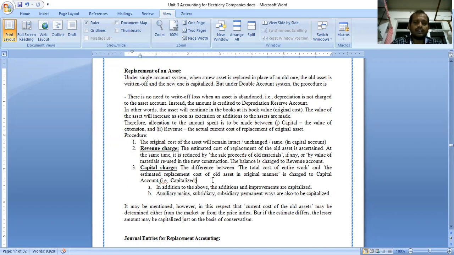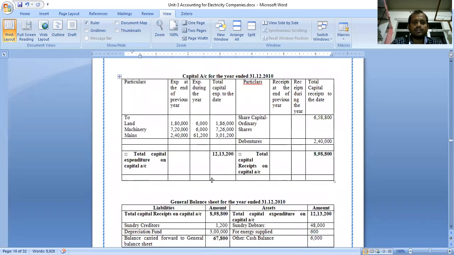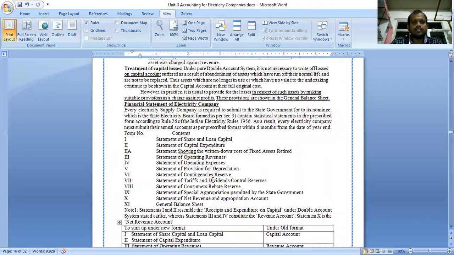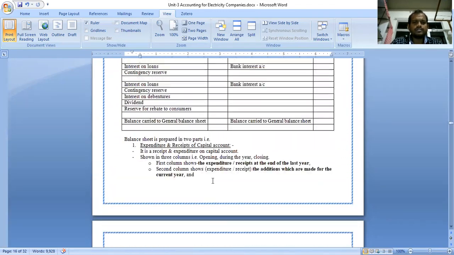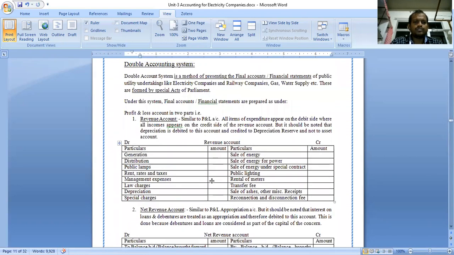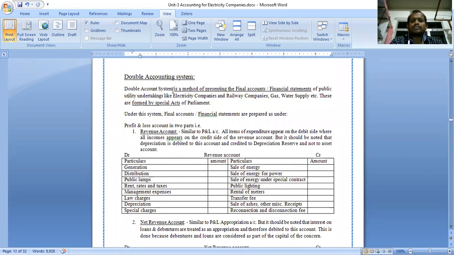So let us go back to the double accounting system. The double accounting system is a method of presenting the final accounts or financial statements. Double entry system is different, that is a bookkeeping system.